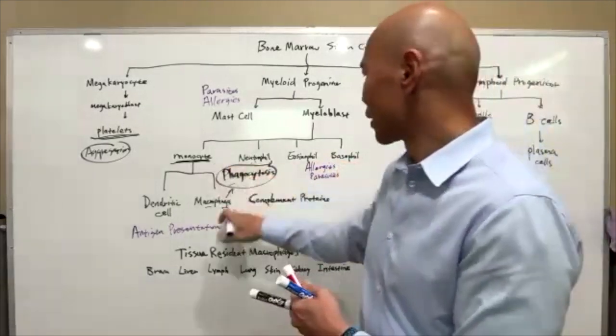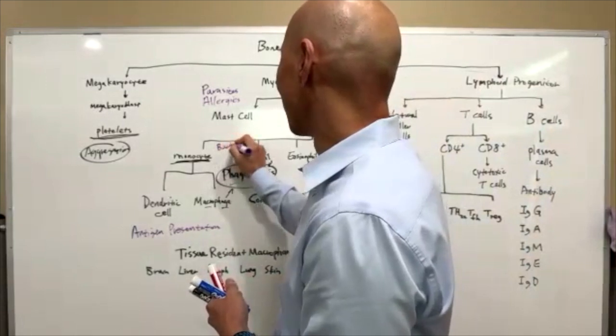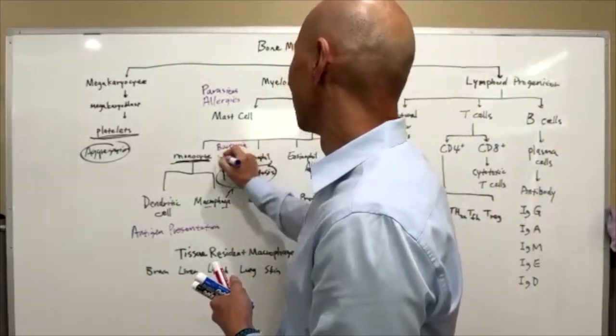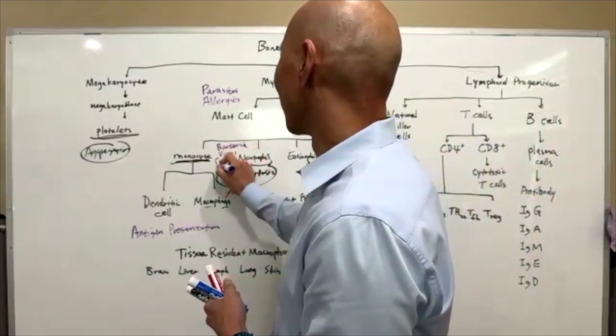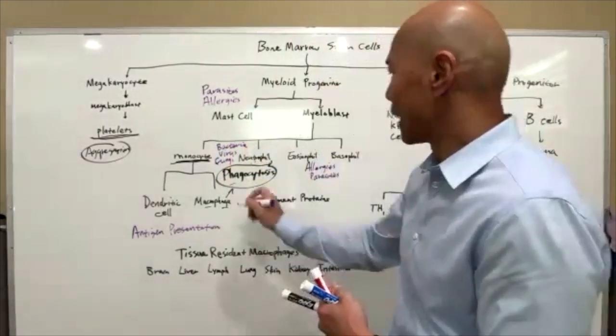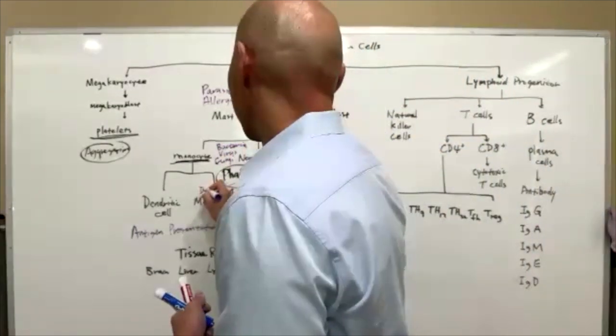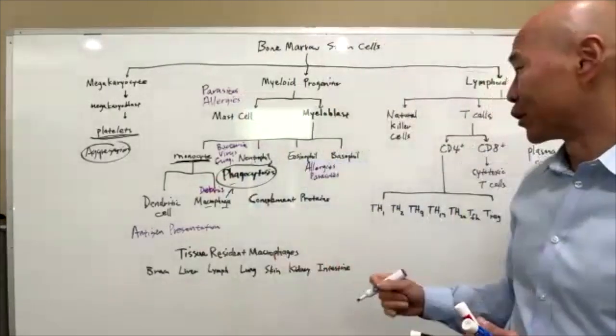The neutrophils and macrophages, they're involved in eating up bacteria. They can attack viruses or fungi and even cellular debris from your own tissue being injured.